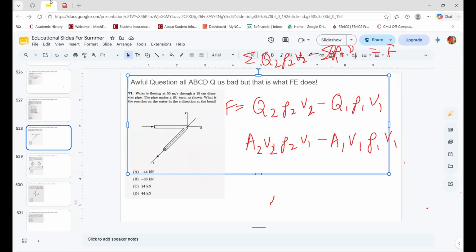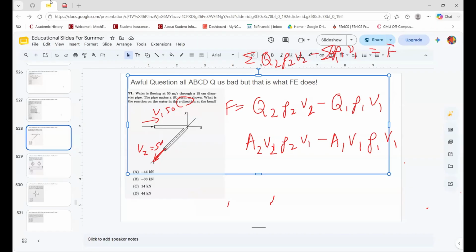Now you can imagine over here that the vectors are very directional. So imagine it's the z direction, and all the water flow is coming in the z direction because we only need z. These vectors, v2 and v1: imagine v2 is 50 water flow, and v1 is flowing at another 50.